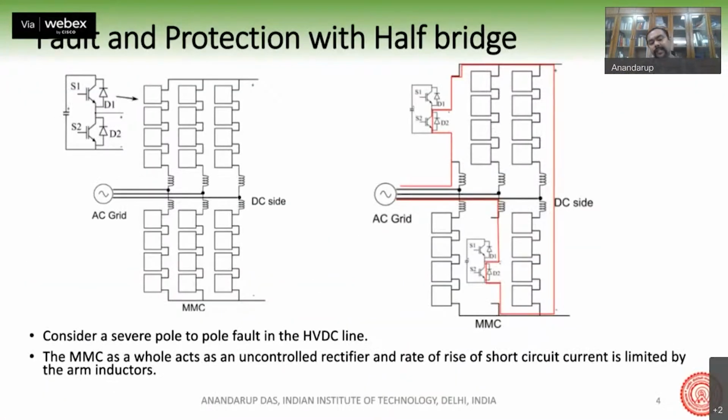We said that the half bridge has some problems because in a half bridge, when there is a DC pole to pole fault, the diodes, being uncontrolled devices, will continue to conduct. So it all depends on the AC circuit breaker to open.